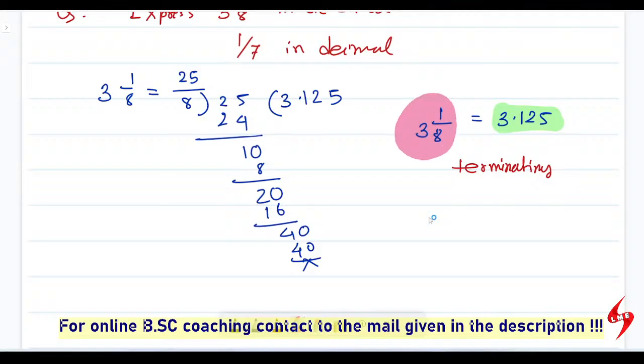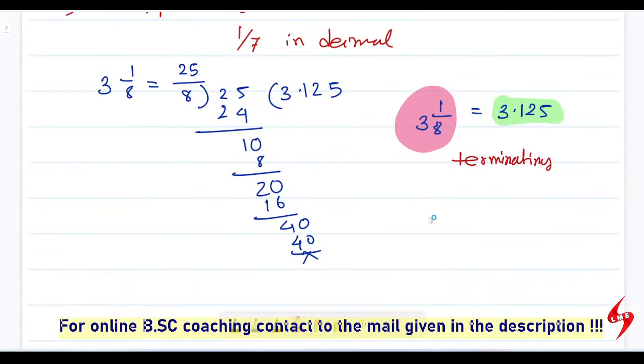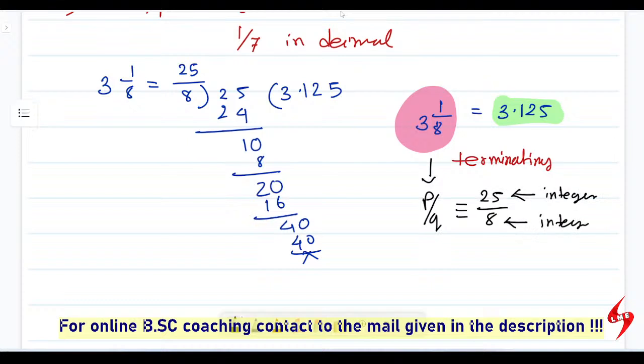Of course, it is a rational number because it can be expressed as P by Q, that is 25 by 8. Here it is an integer, here it is an integer, and it is not equal to 0. We have discussed in the previous video the decimal expressions of rational numbers.